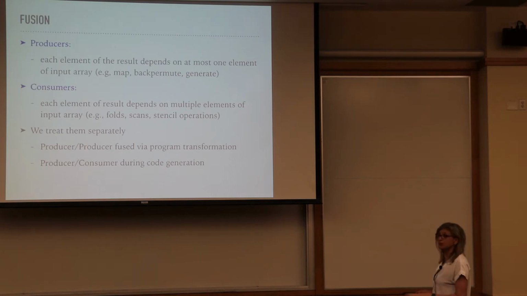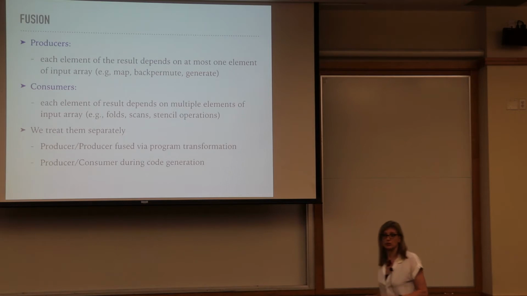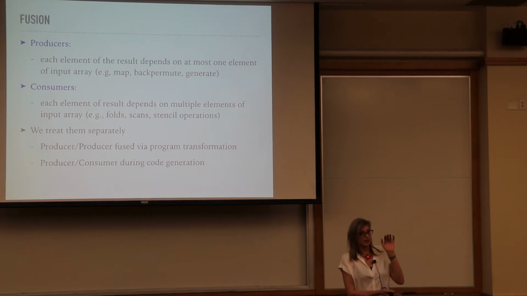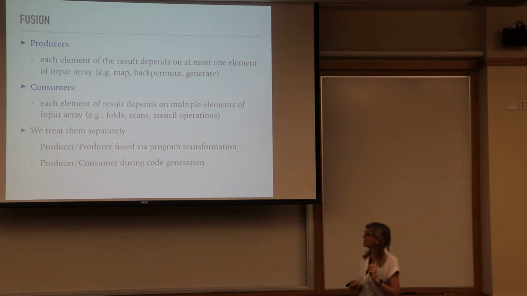So we treat them separately in two separate phases of the compilation. Producers are used by a program transformation, and producer-consumer fusion during code generation. So when we generate these LLVM code templates, with the producer-consumer fusion, we just use it in that moment and plug in the fusion operations there.